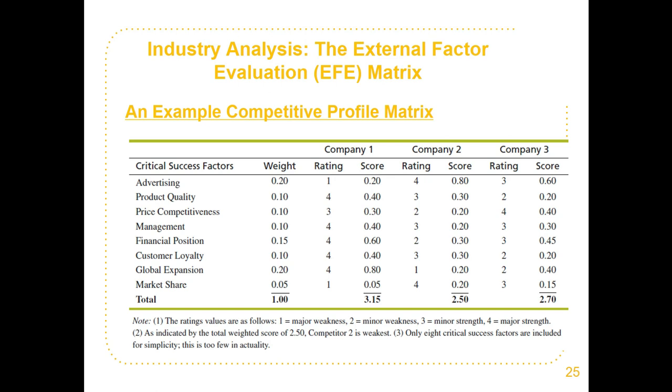Note that in company 1, the strongest is product quality as indicated by a rating of 4, whereas in company 2, the strongest is advertising.